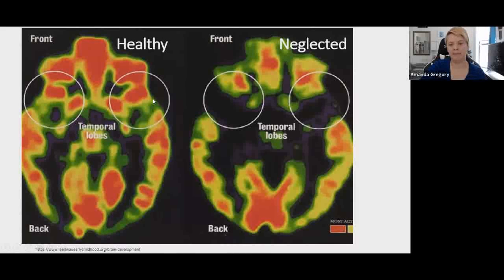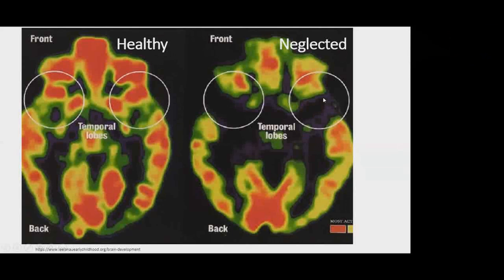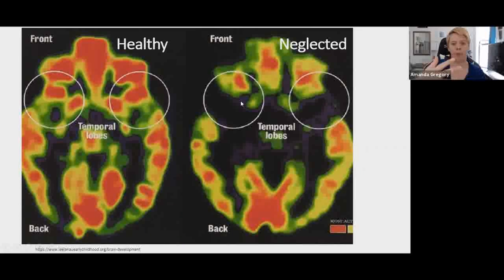look at this scan. This is, I believe, a 3-year-old. If you look at this brain, this is a child that has not experienced abuse. This is that prefrontal cortex. Look how this is filled in. This is the activity here. This is a neglected child. These are dark. So the reason why those bottom-up approaches exist is because sometimes we can't rely on that executive functioning or that prefrontal cortex.